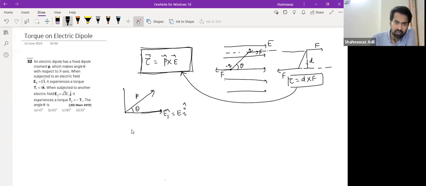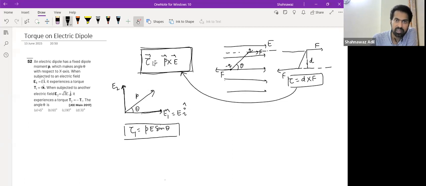Right, sir. So the magnitude of torque would be PE sine theta, right? Yes, sir. And this is tau 1, only we are considering the magnitude. And for the second electric field, which is root 3 E j, this second electric field E2 is in the y direction, right?